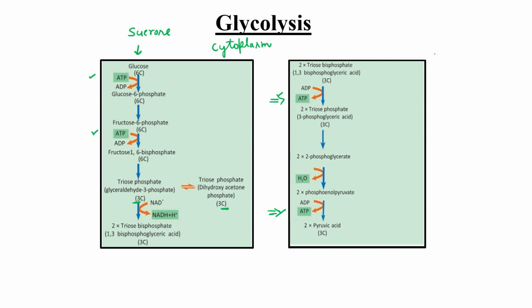So what is the net gain? 4 ATP are synthesized during the process and 2 are used up during the initial process. So the net gain is 2 ATP molecules, which one can utilize for any metabolic activity or any purpose.